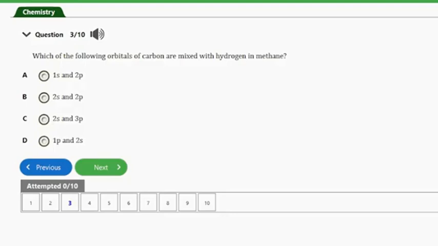The orbitals of carbon that are mixed with hydrogen in methane are the 2s and 2p orbitals. This is because carbon is in the second period of the periodic table, so it uses the second shell, which has the 2s and 2p orbitals, for bonding. That's the answer to this question, option B.